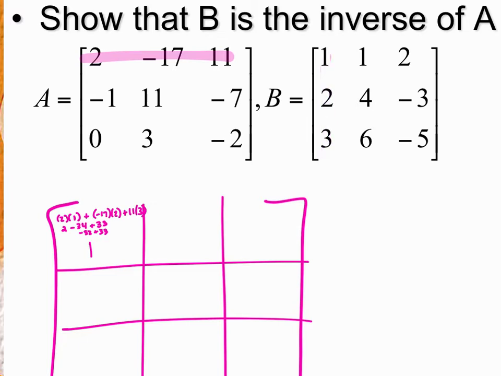Then I go row 1, column 2. 2 times 1 plus -17 times 4 plus 11 times 6. 2 minus 68 plus 66 is -66 plus 66, which is 0.